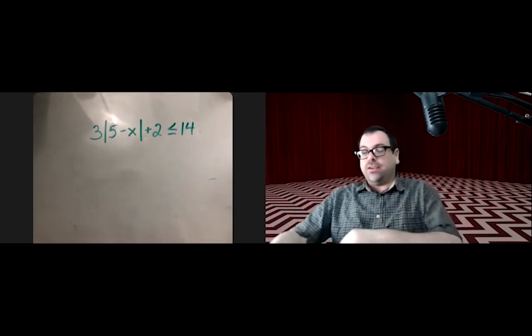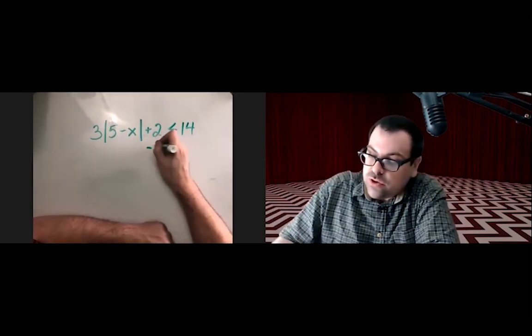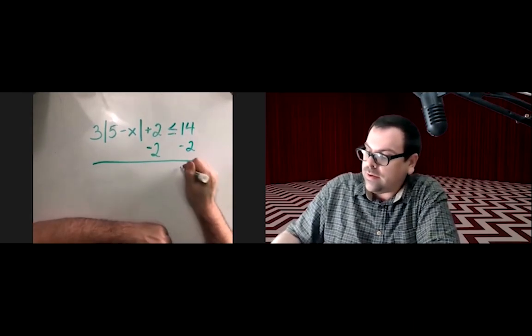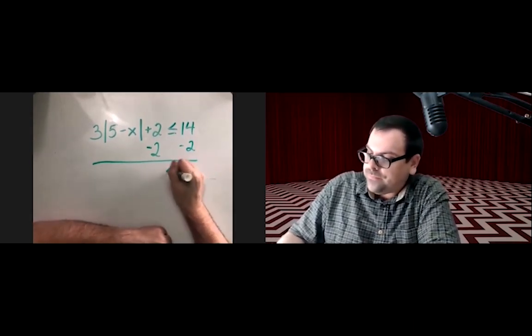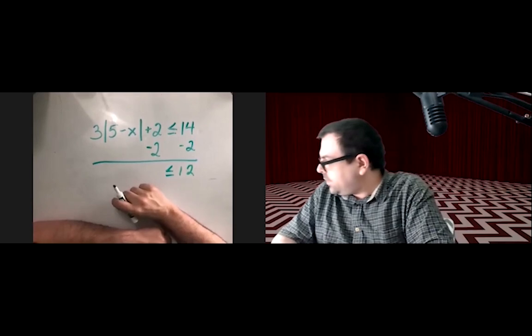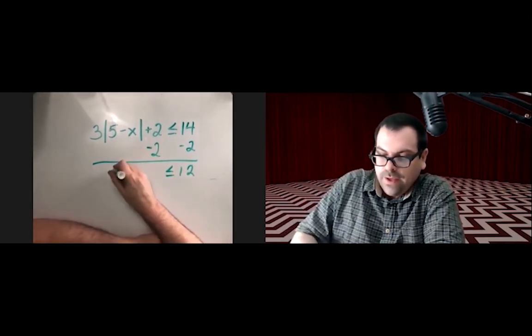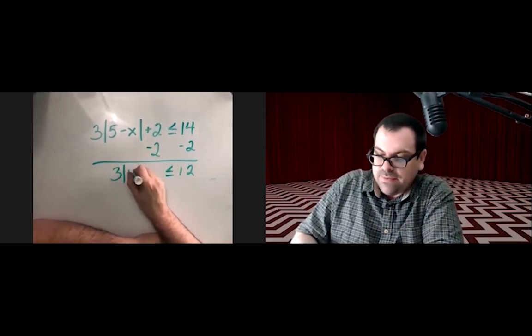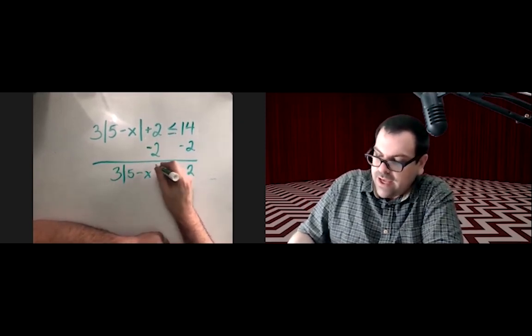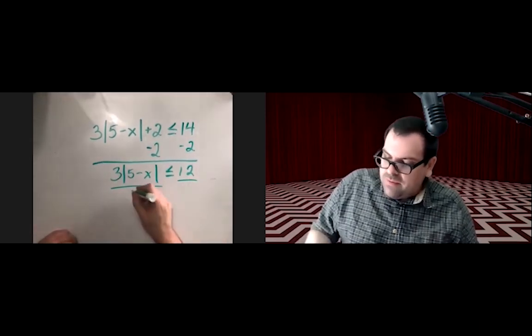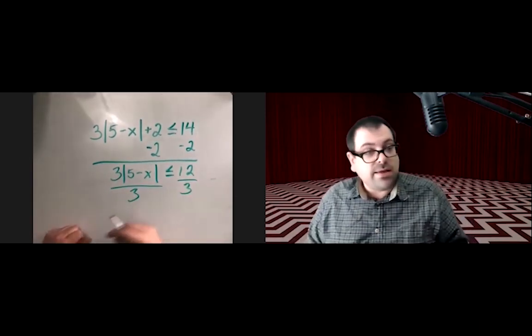So hopefully you've been able to subtract 2 from both sides. That gives us 3 times the absolute value of 5 minus x on the left. And then divide both sides by 3.